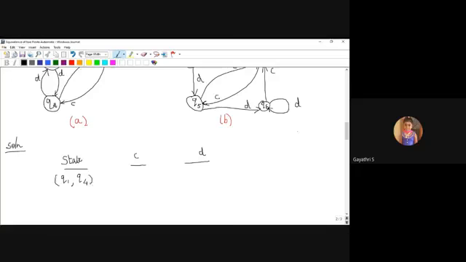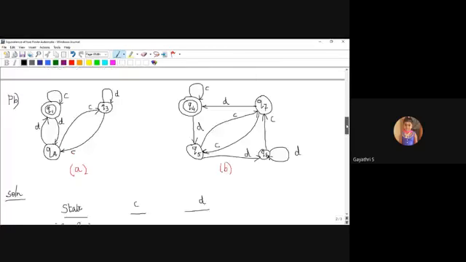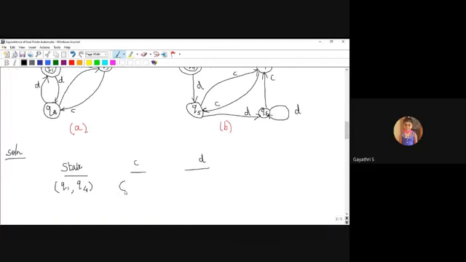So Q1, Q4. Q1 on C goes to Q1 only. Q4 on C goes to Q4 only, the same state. Next, Q1 on D goes to Q2. Then Q4 on D goes to Q5.